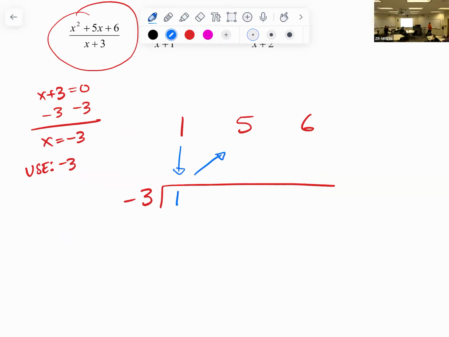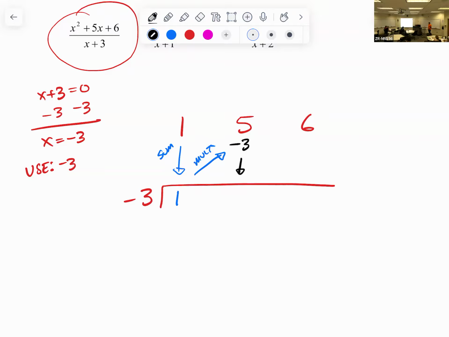Basically, this is all about arrows. The down arrow is a sum. The diagonal arrow is a multiply. I multiply the value I have here, -3 times 1, which becomes -3. Then we just repeat that over and over.